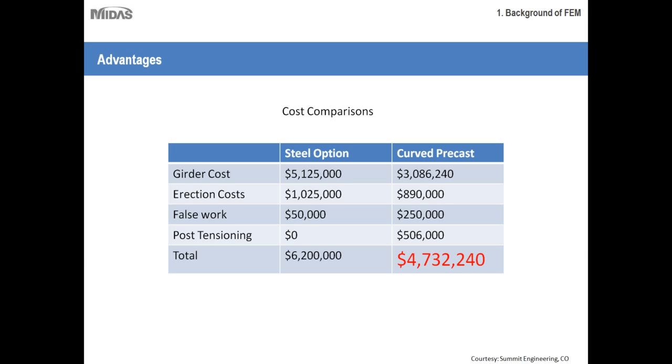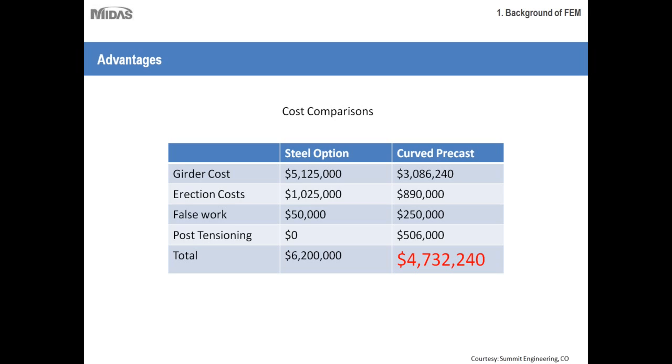We are not disclosing the project from which it has been taken, but we are thankful to Summit Engineering for sharing these brief details that will help us in understanding how efficient these sections could be. As you can see here, as compared to the steel option, the girder cost is much more economical because concrete any day is cheaper than steel.